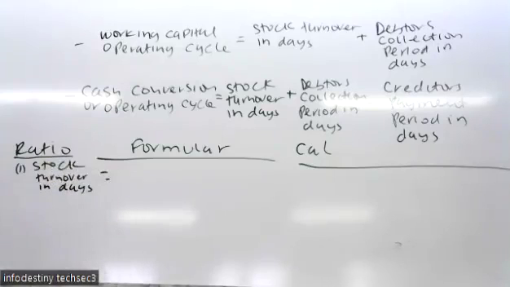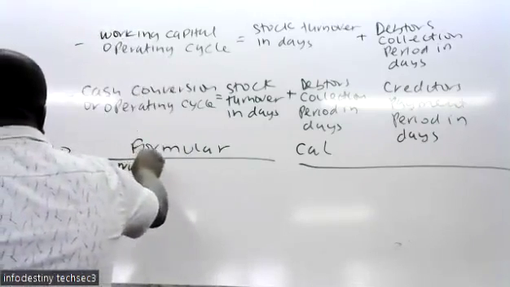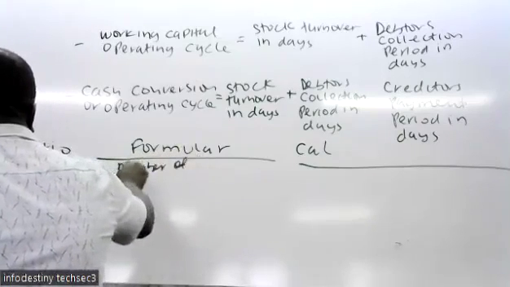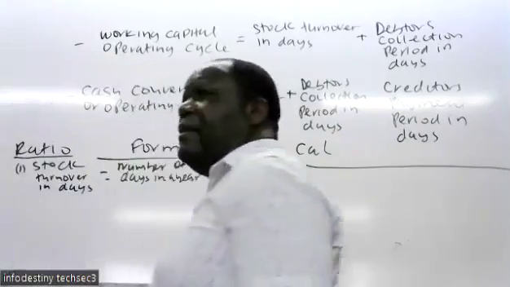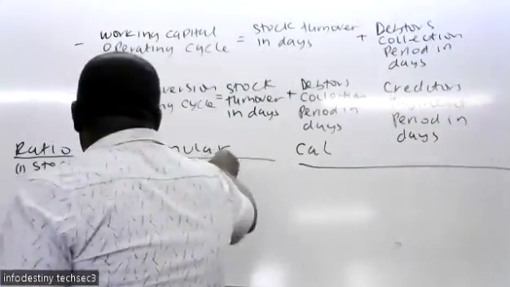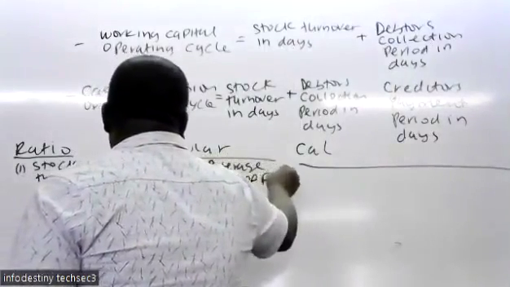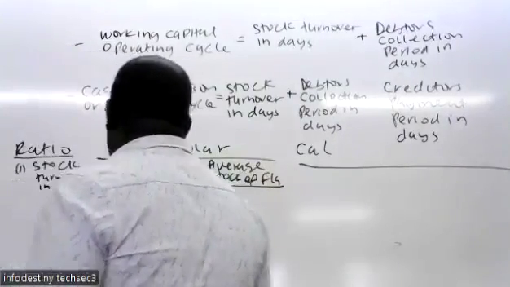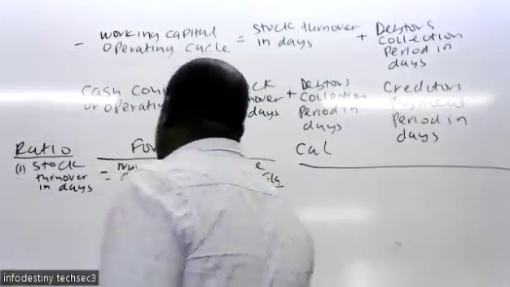To get the stock turnover in days, it will be equal to number of days in a year multiplied by the average stock of the finished goods, divided by the cost of sales.